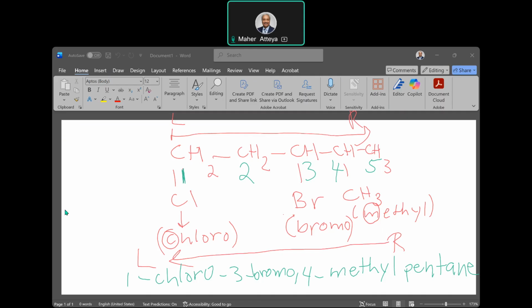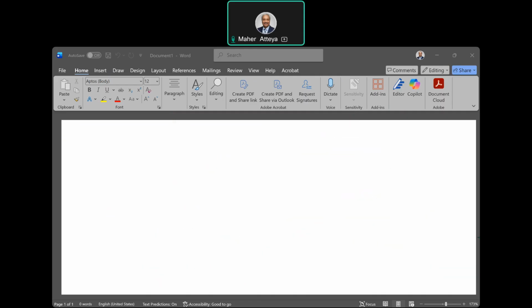Let's look at number 2, the alkenes. The alkenes follow the same rules as the alkanes, but we have ENE at the end, which designates the double bond.